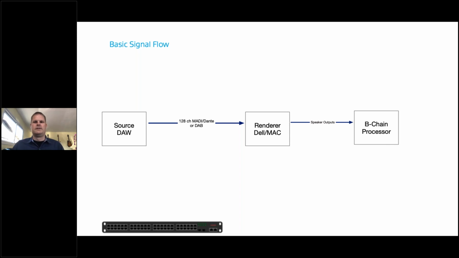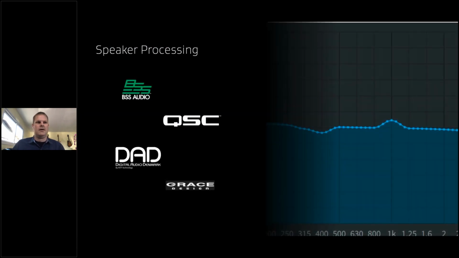So the B-chain processor will then have a monitor control associated with it, and the functionality that is needed there is basic speaker processing. So room correction. We try and do as much as we can with physical adaptation, but at a certain point you can need some electrical adaptation as well.